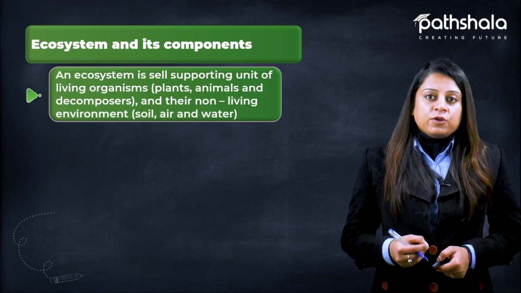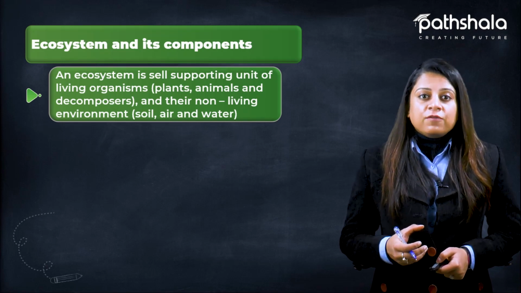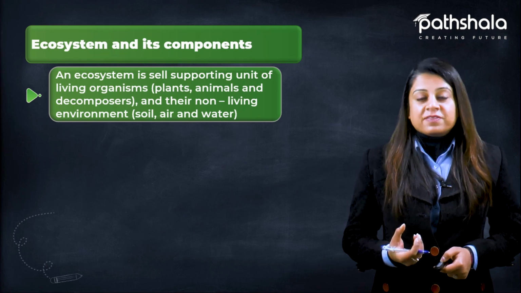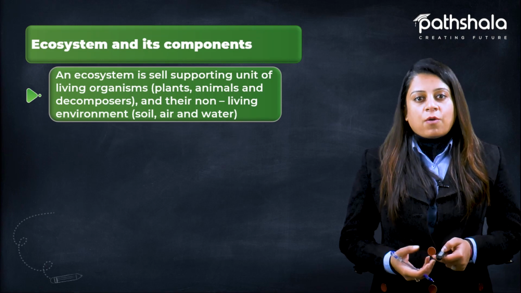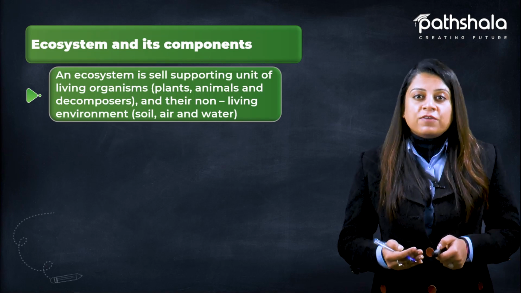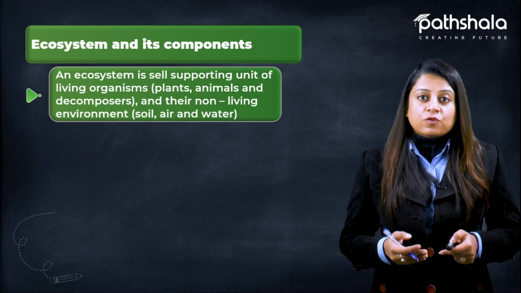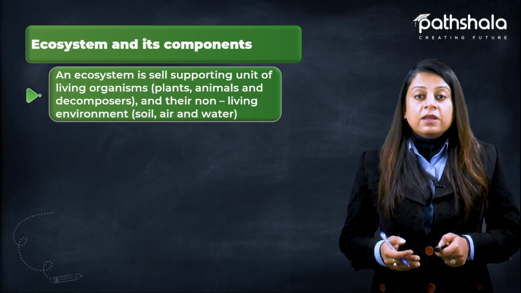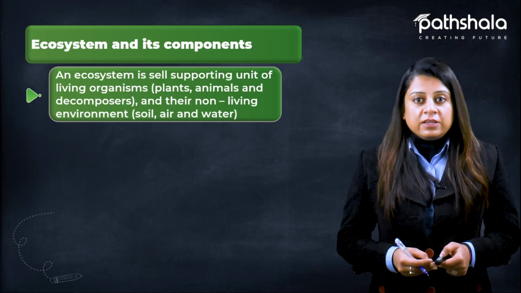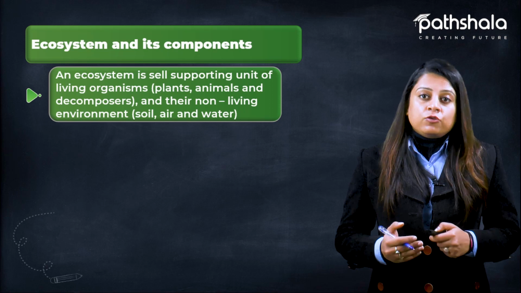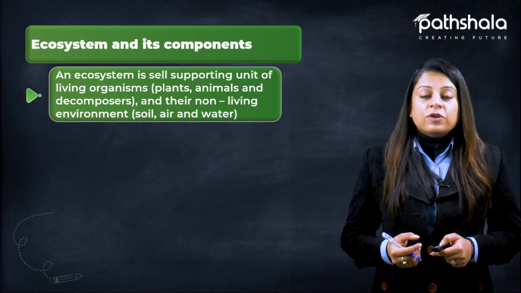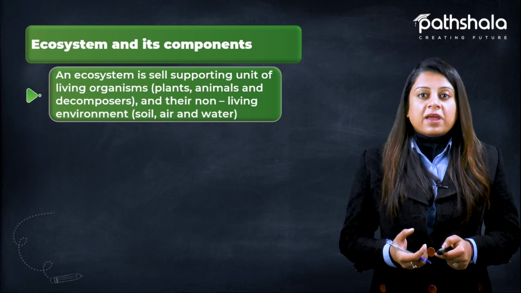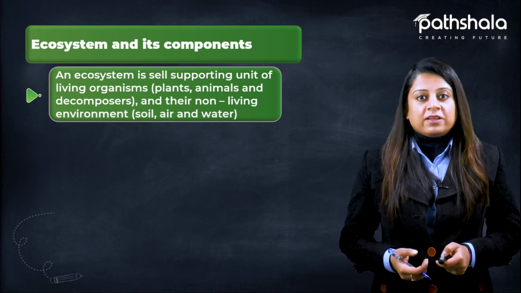He described ecosystem as a unit in which the living organisms, that means the biotic components, and the abiotic components, that is the non-living components, for example soil, air and water, interact with each other and together act as a supporting unit for each other. So he described ecosystem as a self-supporting unit.